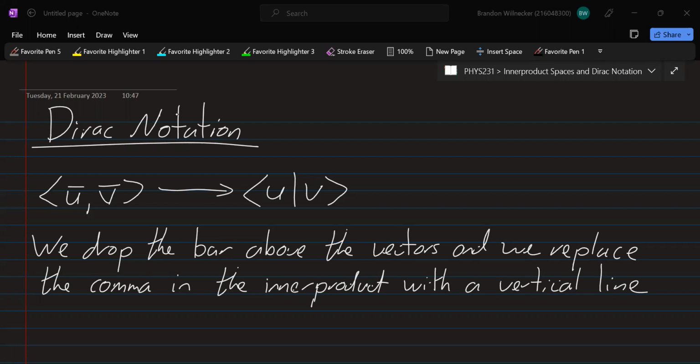Instead of writing U and V as single vector elements like we had before, we now incorporate this inner product notation with the vector notation.